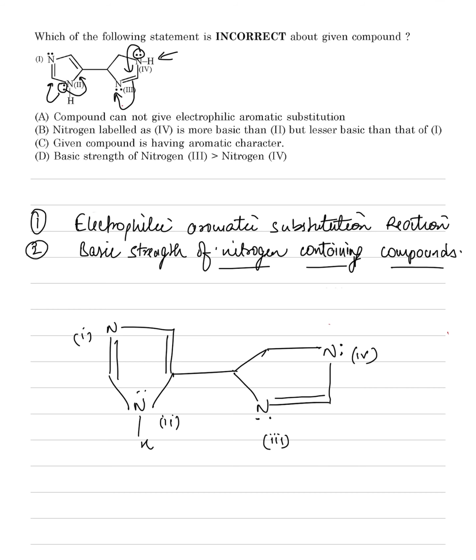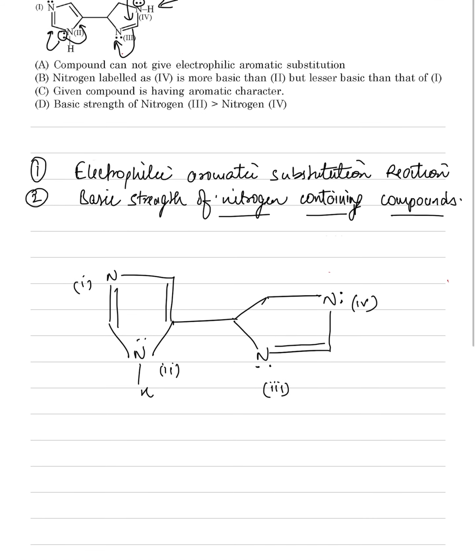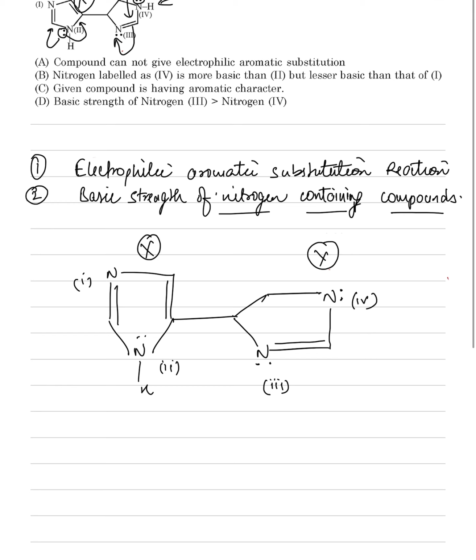But if you understand this one, in the case of first ring, let's say this is the ring X, and this is the ring Y. In the X ring, the second nitrogen, which is having a lone pair, is giving the aromatic character to the ring, right?